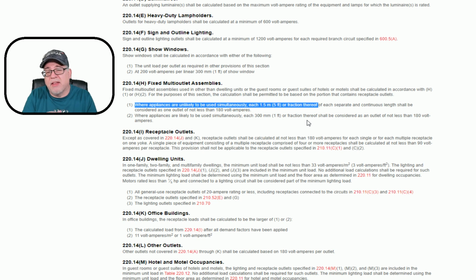So you're going to take a 3 foot piece. If you had 5 foot, 5 foot, 5 foot, and then lastly you have a 3 foot piece, that is a fraction thereof. So it's going to count as 1 piece, and basically that 3 foot is going to be acting like it's a 5 foot piece. You get it? That's a fraction thereof. Or think of it this way, it's rounding.